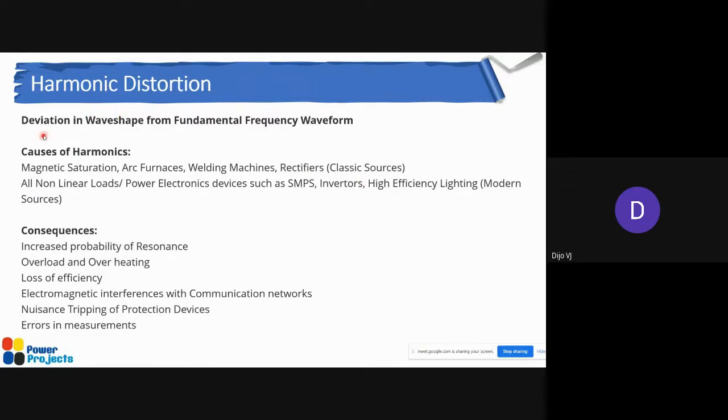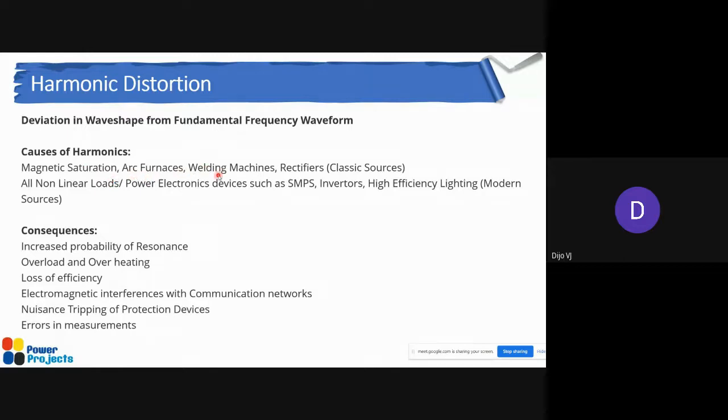So, harmonic distortion. This is the harmonic distortion in general: deviation in wave shape from the fundamental frequency waveform. The causes: the classical sources were magnetic saturation. If a transformer or any magnetic equipment is saturated, then it cannot have a sinusoidal waveform, so it will have harmonics.